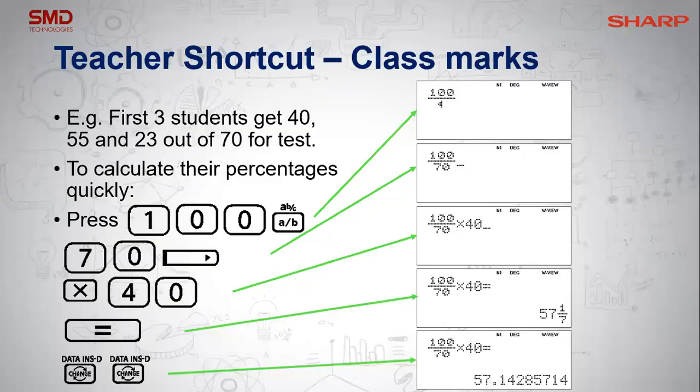Now, if you haven't joined one of our workshops before, and if you have, I apologize for showing this again, but if you haven't, this is a really cool trick. It's the teacher shortcut for class marks.